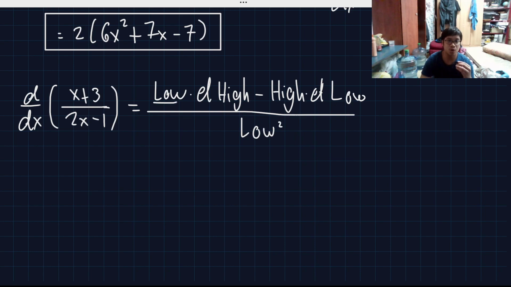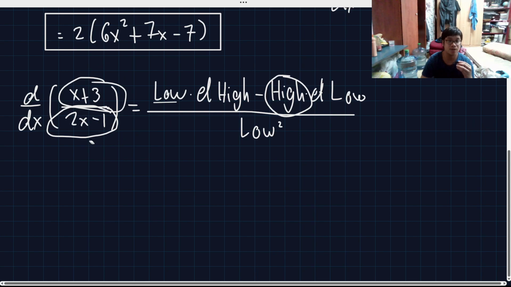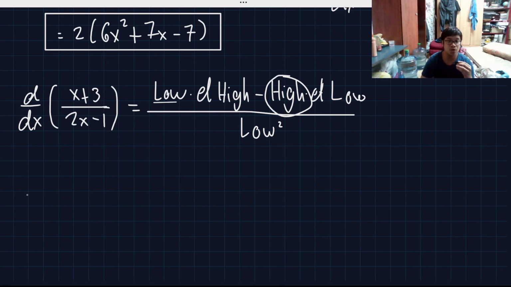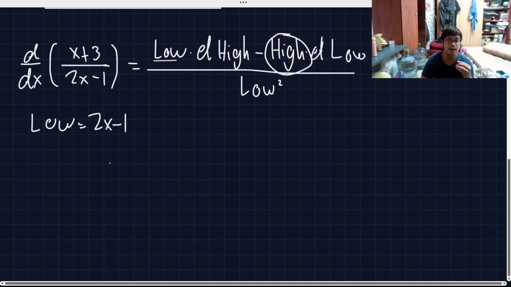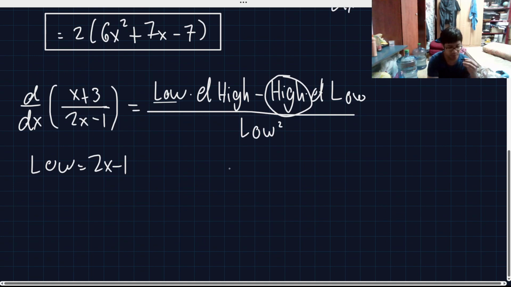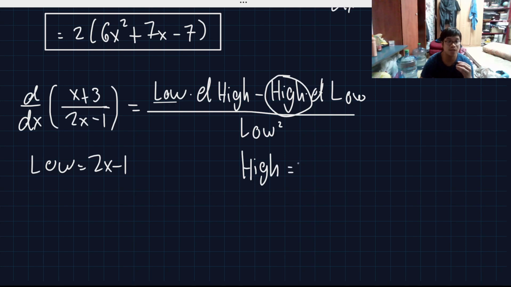Basically, when we say low, it's what's below, what's under it. When we say high, it's what's above it. So your low, what's below it, is 2x minus 1, right? Then your high, what's above it, is x plus 3.